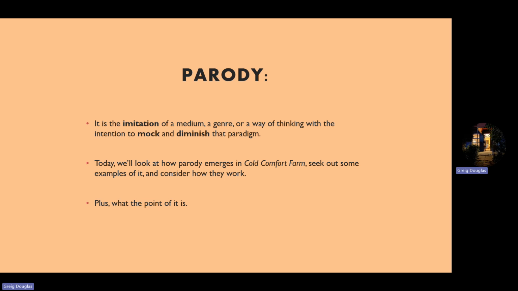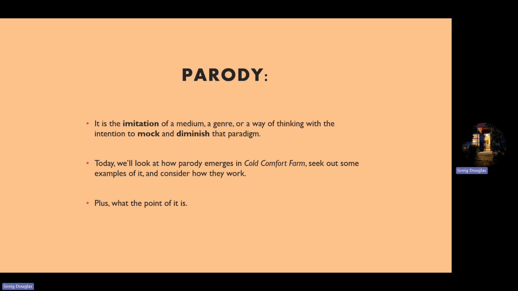And that is the power that satire, parody, caricature gives us: it allows us a way to laugh at people more powerful than we are. And so it diminishes the sway they have over us. Okay, so parody is an imitation of any medium, genre, or way of thinking, with the intention to mock and diminish that thing.